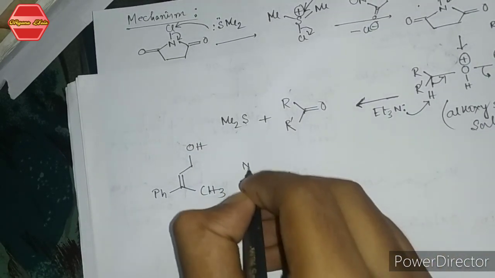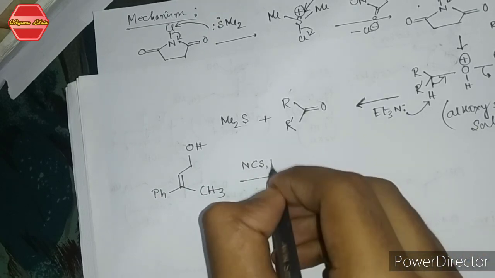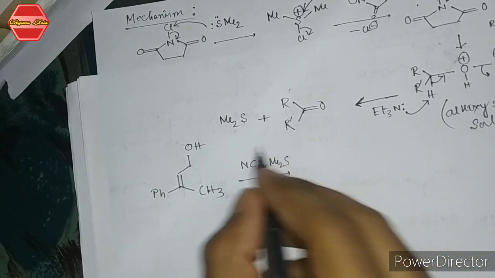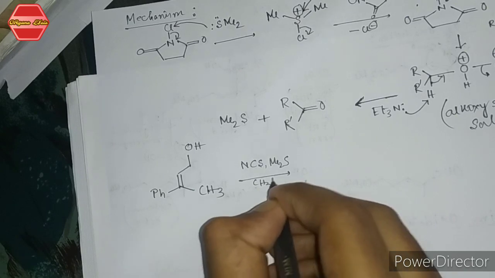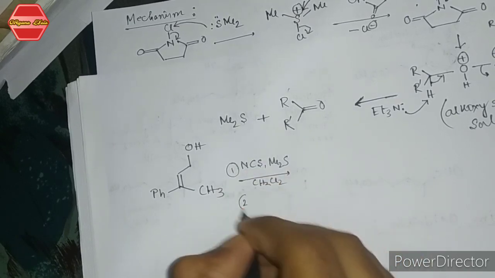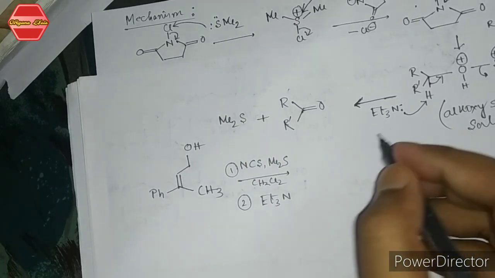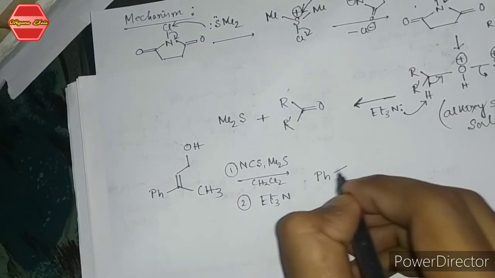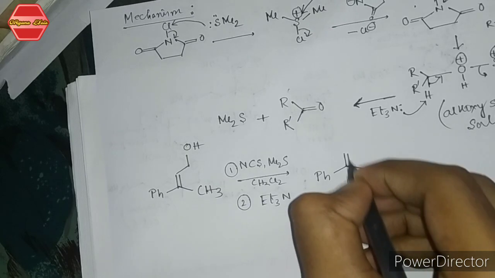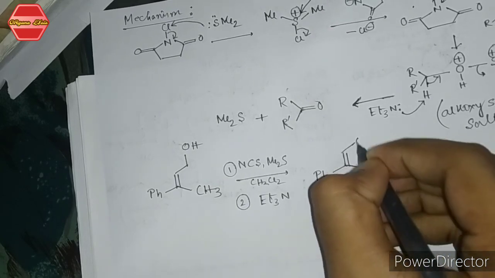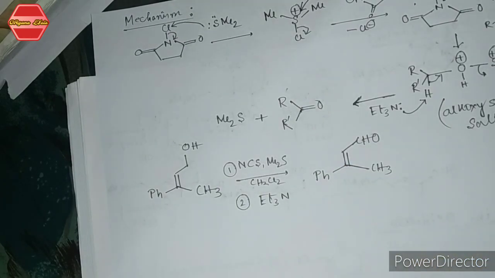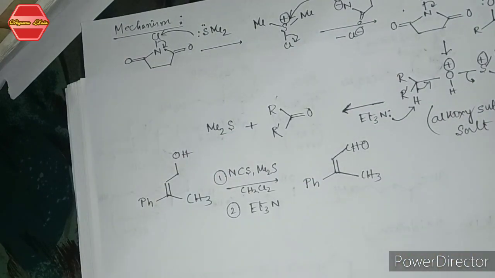If we put NCS, Me2S, and a solvent, CH2Cl2, I am writing here, this is step 1 and this is step 2. We have to put a base like this. So what will be your product? After knowing this mechanism, you can easily say that the allylic alcohol will oxidize to CHO.